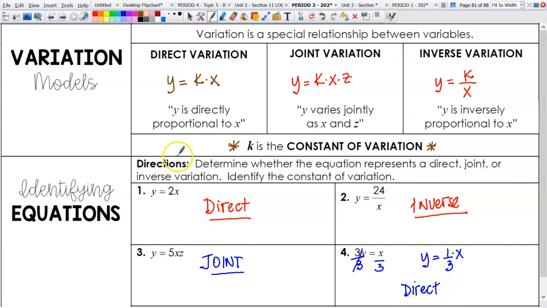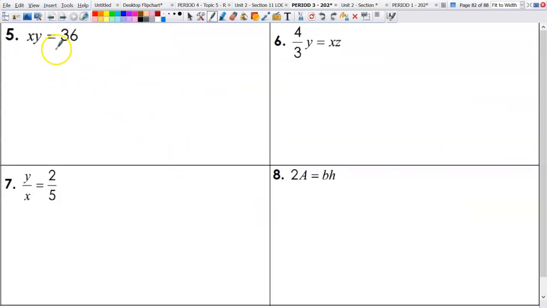Okay, so that is the way that we identify those equations. So next one, we have the x and y. We have to solve for y. So we divide by x, and we end up with y equals 36 over x. And of course, what did I say? If the x is in the denominator, yes, this is inverse variation, right?